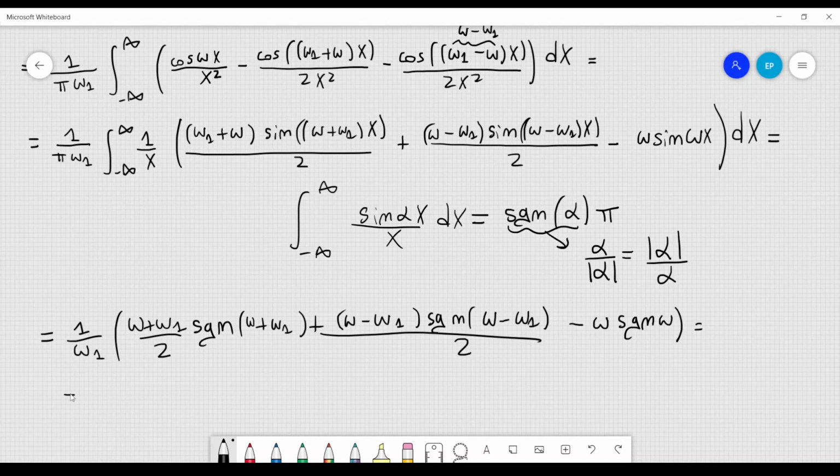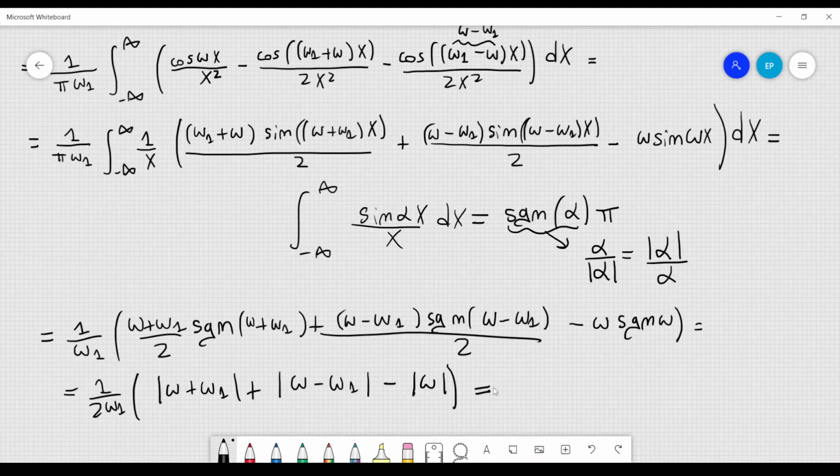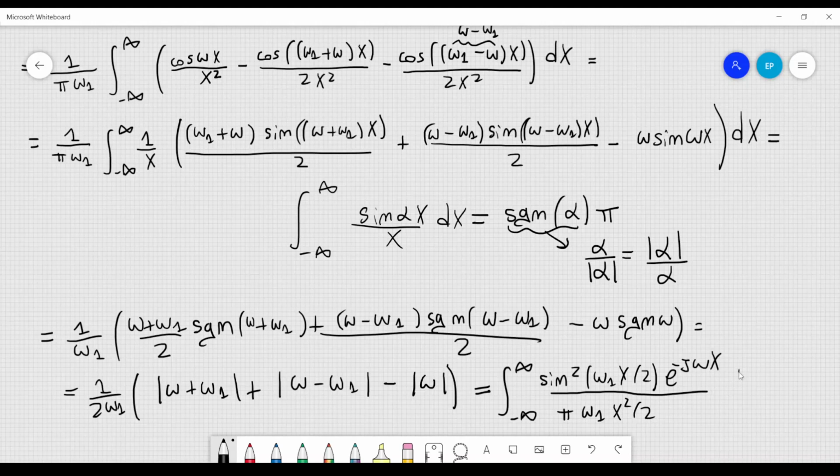This is equal to 1 over 2 omega 1 times the absolute value of (omega plus omega 1) plus the absolute value of (omega minus omega 1) minus the absolute value of omega. This is how I can rewrite the result. Remember that this is equal to the integral from minus infinity to plus infinity of sine squared omega 1 x over 2 e to the minus j omega x divided by pi omega 1 x squared over 2 dx.